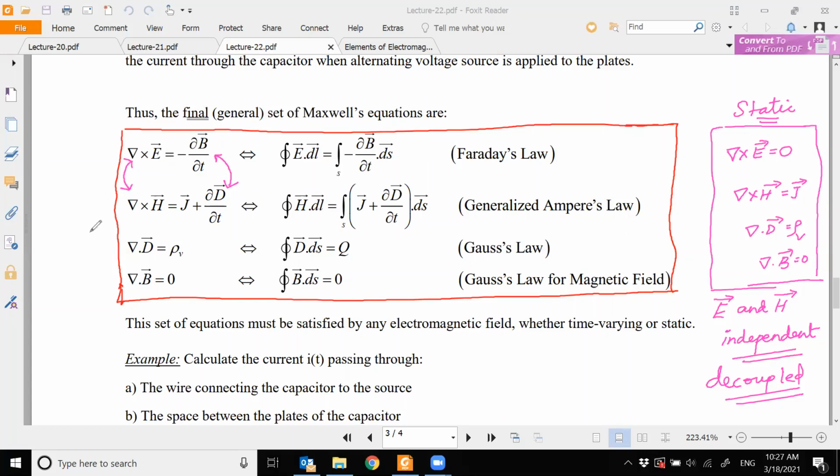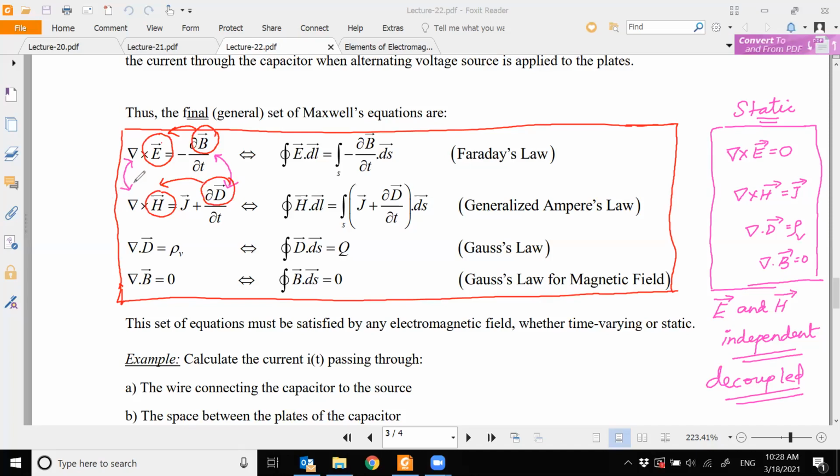But when you have a time varying case, the electric field is becoming a source of magnetic field, and the magnetic field is becoming a source of electric field. That means they are now supporting each other to exist.